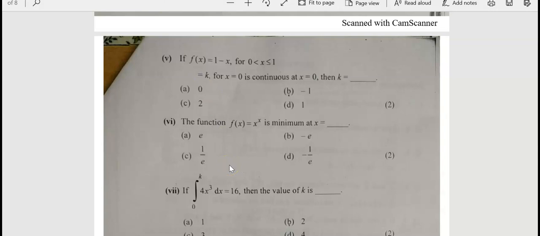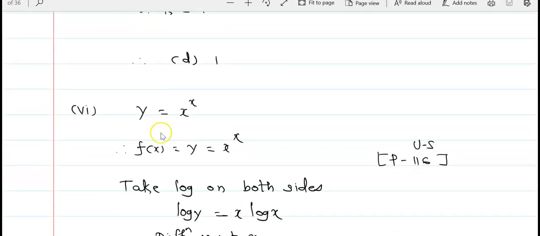f of x is equal to x raised to x is a minimum at x is equal to 0. Its solution is again y is equal to x raised to x, f of x is equal to y is equal to x raised to x. Unsolved question on page number 116. Take log on both sides. Log of y is equal to x into log of x.